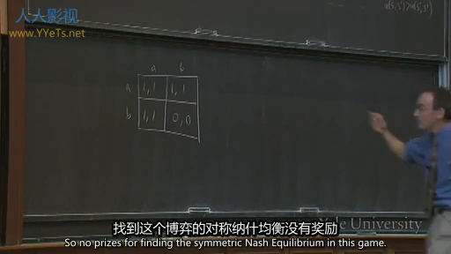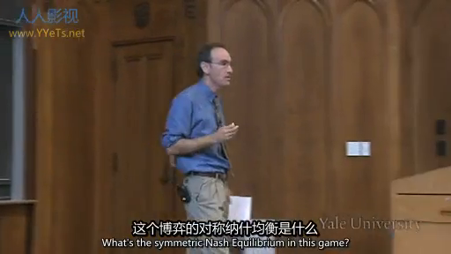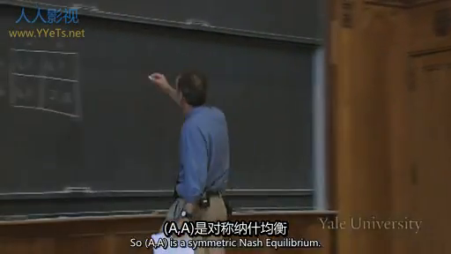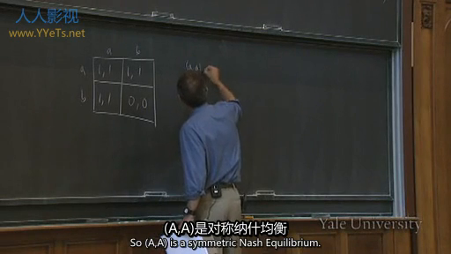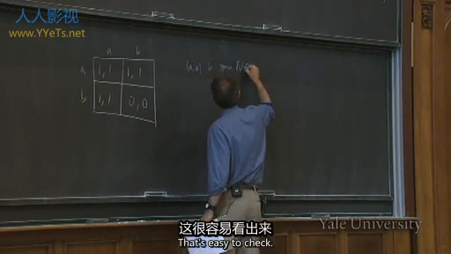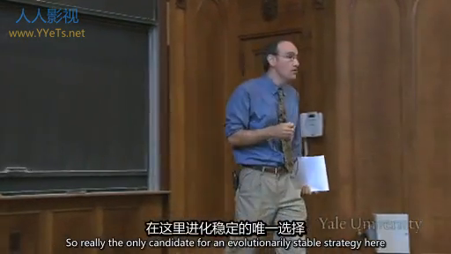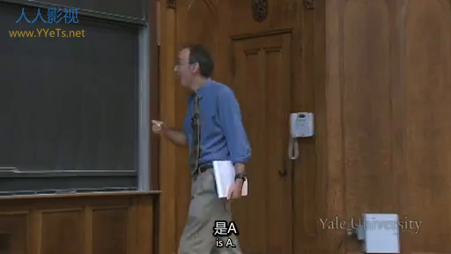No prizes for finding the symmetric Nash equilibrium in this game. Shout it out. What's the symmetric Nash equilibrium in this game? AA. Okay, so AA is a symmetric Nash equilibrium. That's easy to check. So really the only candidate for an evolutionarily stable strategy here is A.